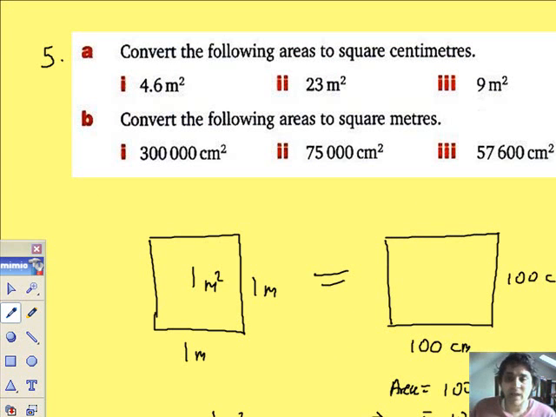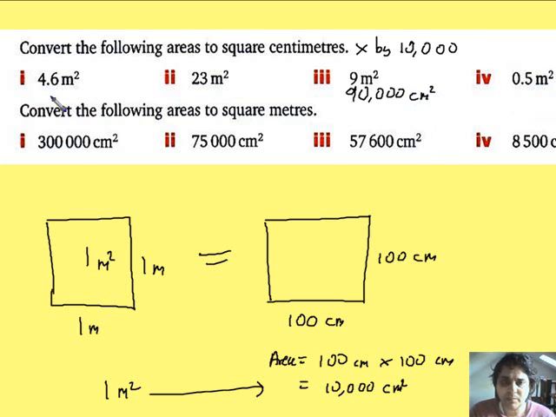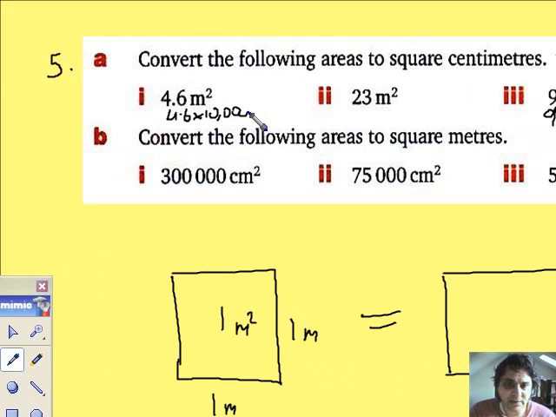So how do I change metres squared into centimetres squared? I multiply by 10,000. That's all I have to do. So let's just pick one of them. This would be 9 times 10,000, which would be 90,000 centimetres squared. This one would be 4.6 times 10,000.